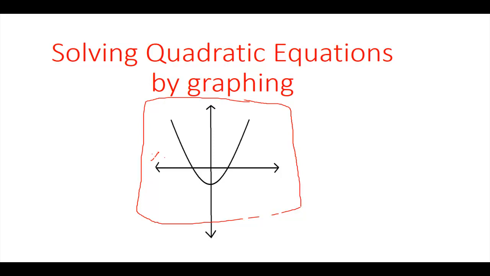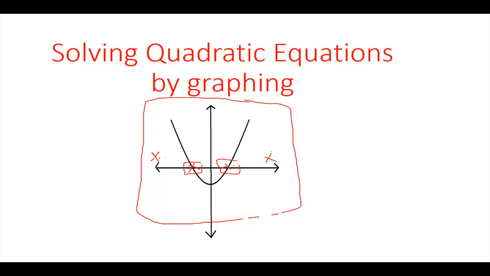Here is x. So the intercept between the curve and x, here is the intercept point. This intercept point represents the solution of the second quadratic equation.